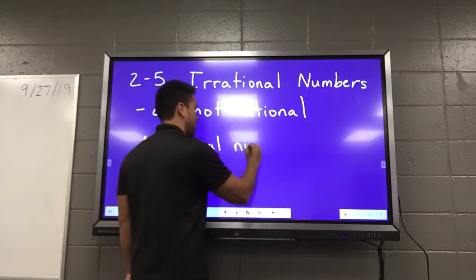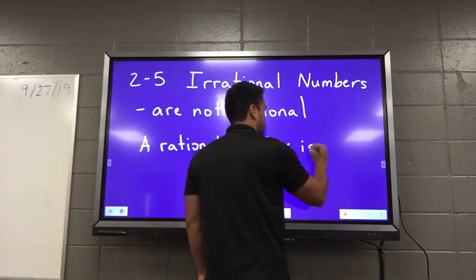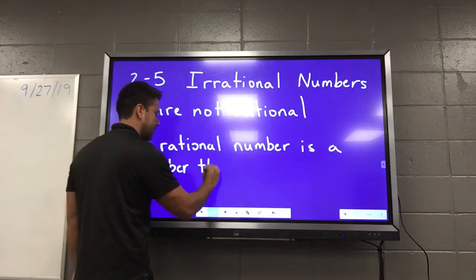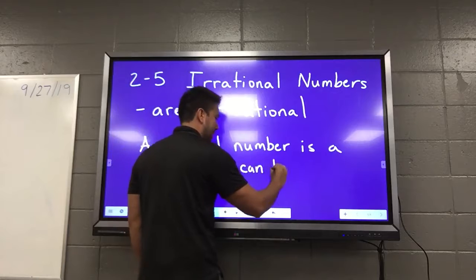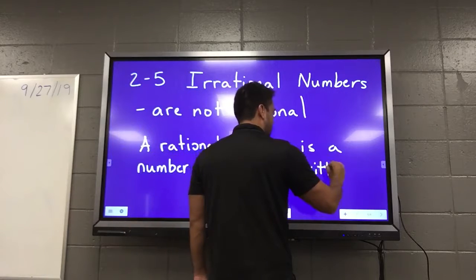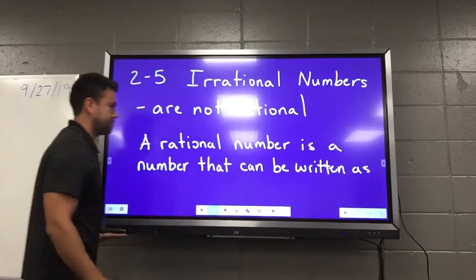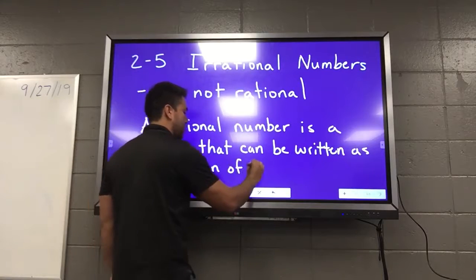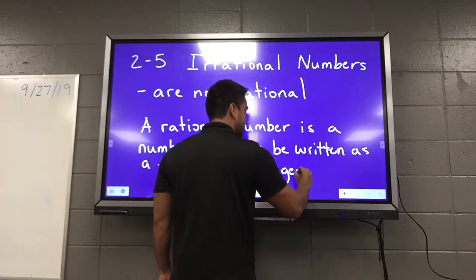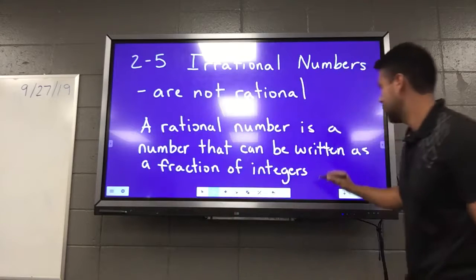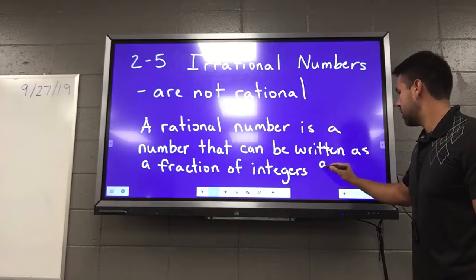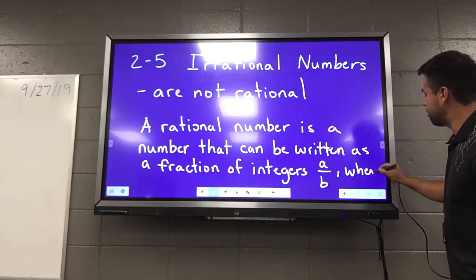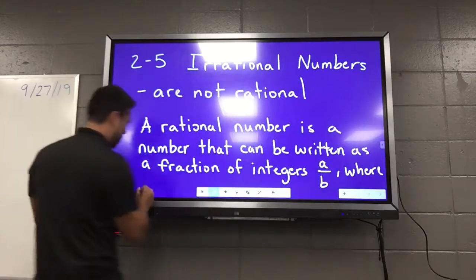So a rational number is a number, and there's a key phrase, that can be written as a fraction of, here's another word I'm throwing in there again, integers, A over B, where B cannot be, do you guys remember what B cannot be?